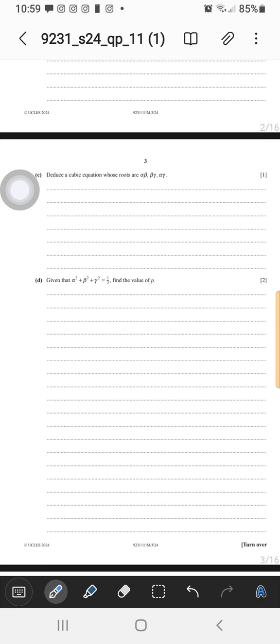In this, it is asking to deduce a cubic equation whose roots are alpha beta, beta gamma and alpha gamma. Okay.